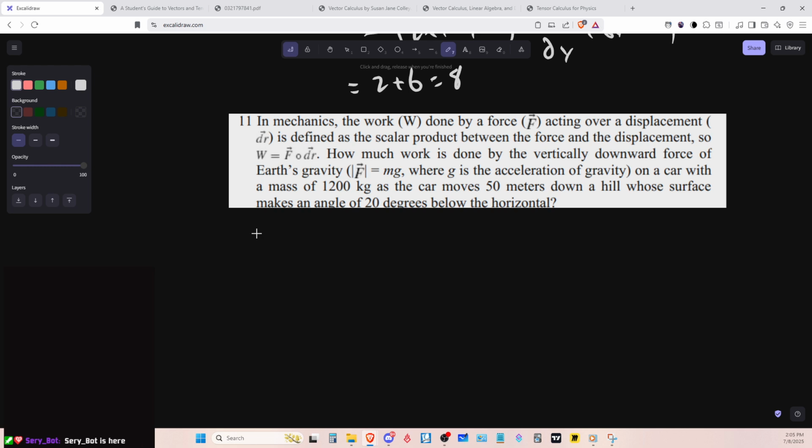Let me raise this up a bit. So we know that the mass m of the car is 1,200 kilograms. And we know what g is if you've taken physics before. So g is 9.8 meters per second squared.